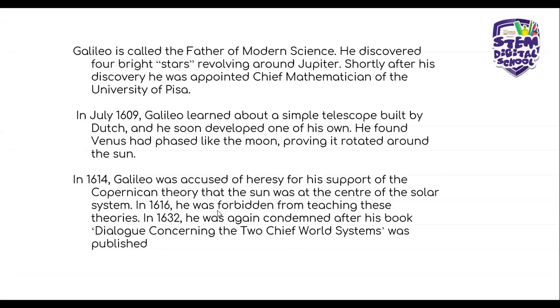So he was forbidden to teach the theories. That means they said, no, you can't teach it because we don't agree with you. These were the people in power who forbade him to teach his theories. And then in 1632, he was again condemned after his book, The Dialogue Concerning the Two Chief World Systems, was published.